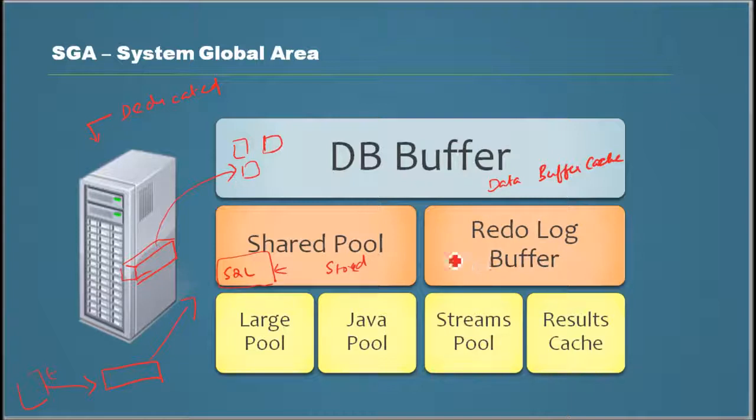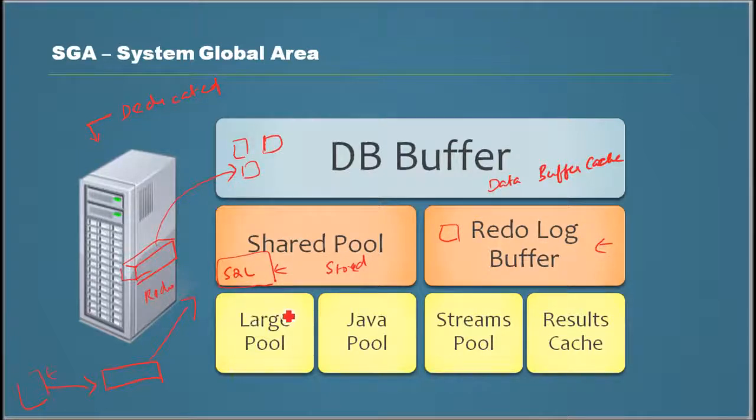And the redo log buffer: I mentioned earlier in one of the videos that when data is modified and committed, most of the time the data will still be there in the DB buffer, but it gets written to the redo log file. Before getting written, it goes to the redo buffer, and from there it goes to the file. So this area is used to store the redo log entry data.